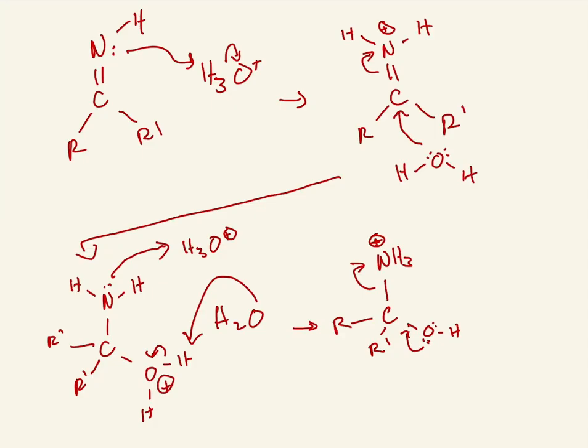Once this compound has lost that, it is going to look something like H with a positive charge here. Water is going to regenerate the acid catalyst by abstracting this proton. And then we have our aldehyde or ketone here in this last step.